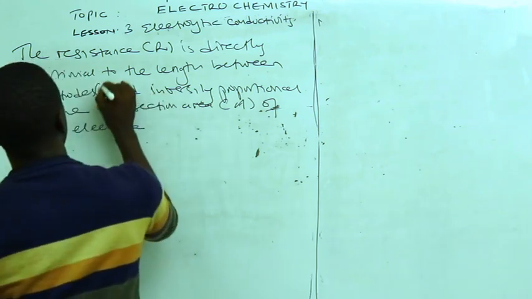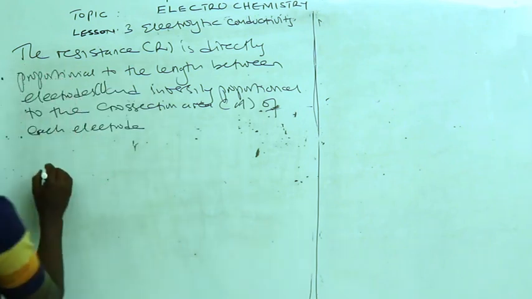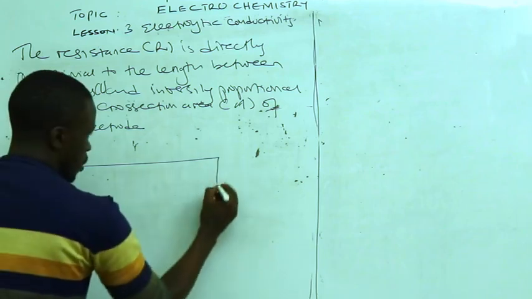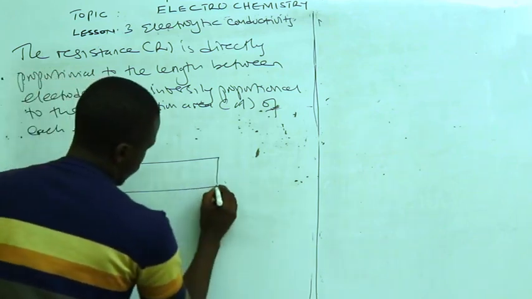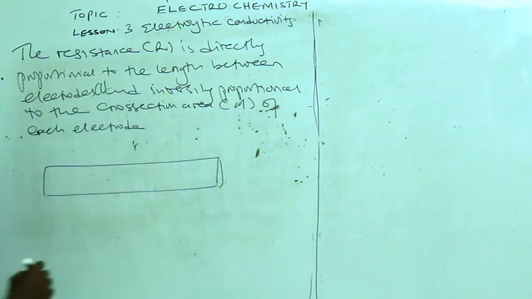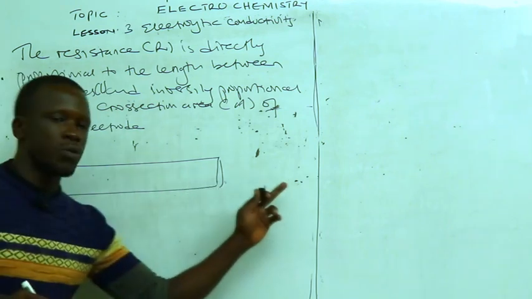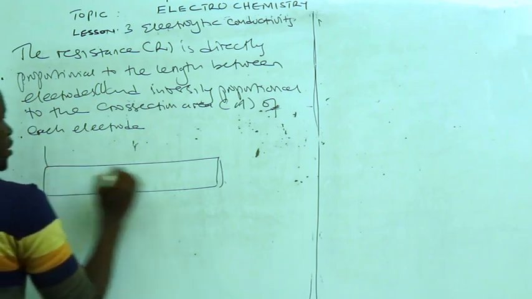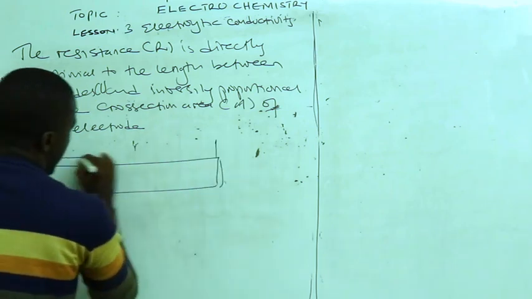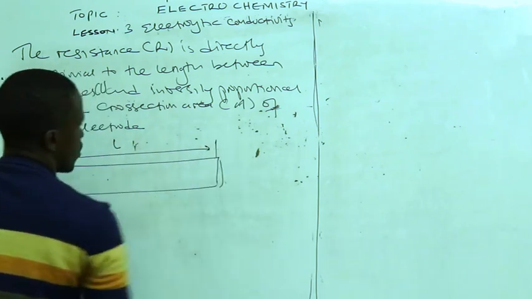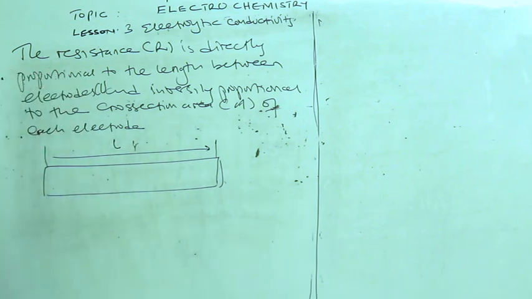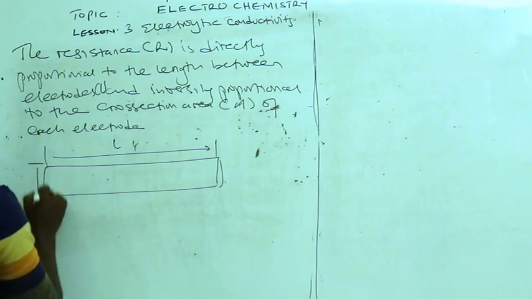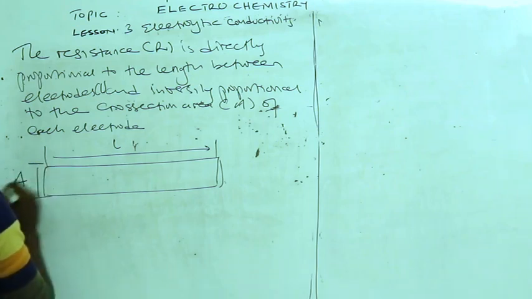The distance between the electrodes is L. If this was a conductor, we would still say the same thing. The resistance to the flow of current on this conductor is directly proportional to the length of the conductor, but inversely proportional to the cross-sectional area.